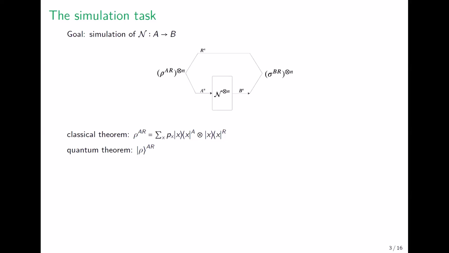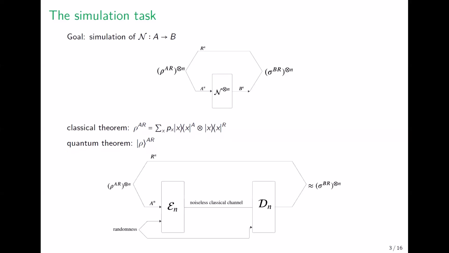In classical theory, the input is just a fully classical system. Both system A and system R, which is the reference, are just classical information. In quantum information, or in the paper that I already introduced, we have a pure state shared between the system A and the reference, and we want to do the simulation on this specific input state.